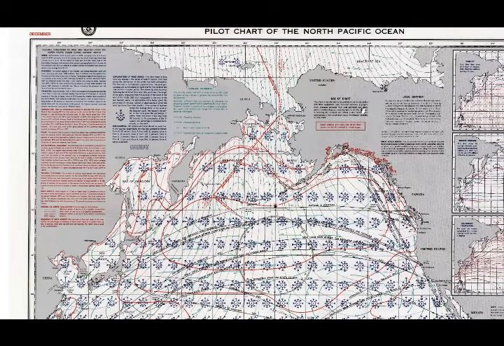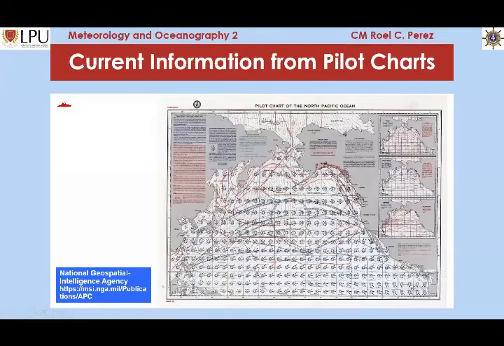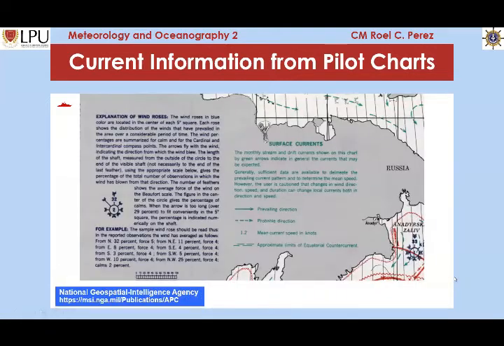And also for the use of the chart, there is an explanation. Okay, so here is about the surface currents, which is in green color. So you can read the information.